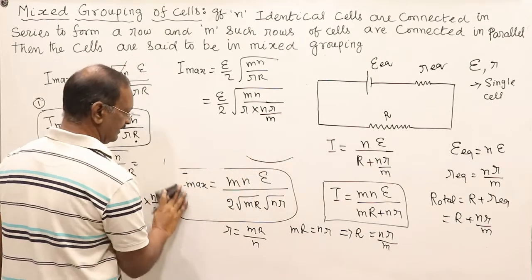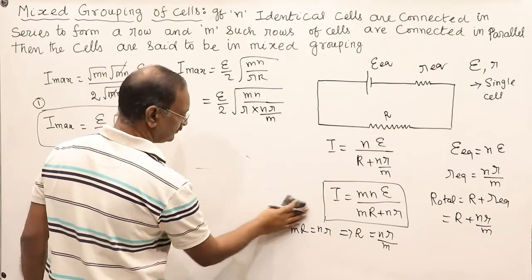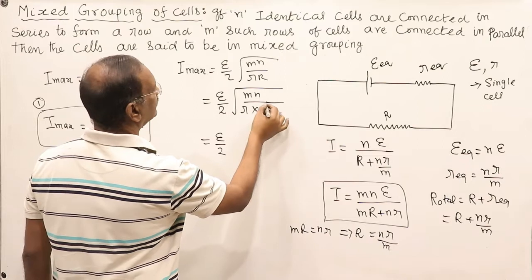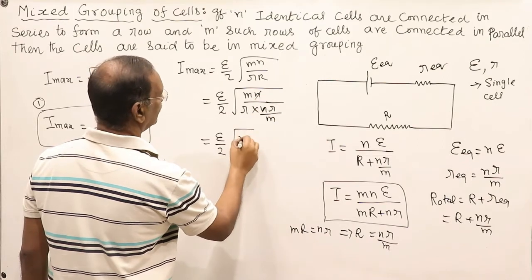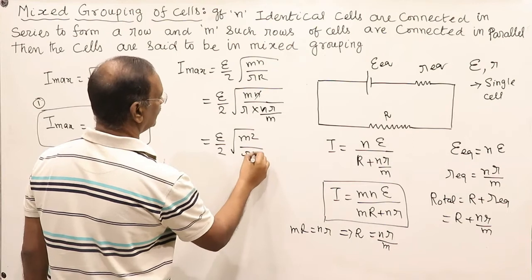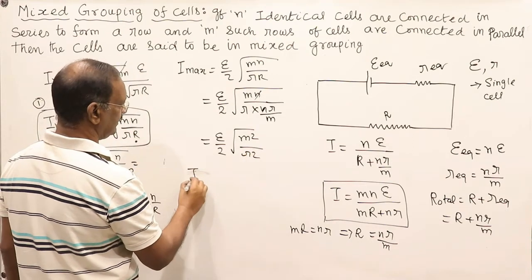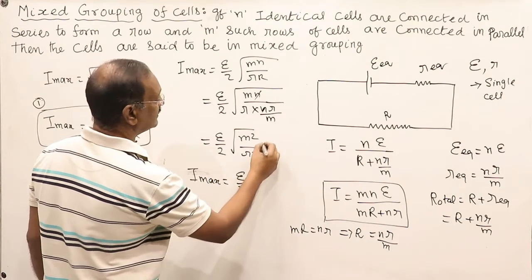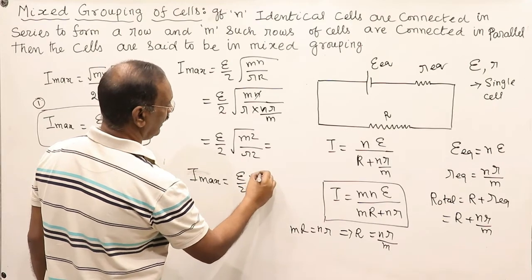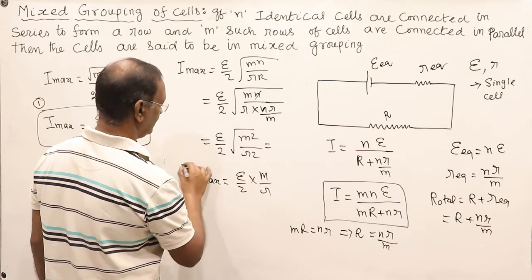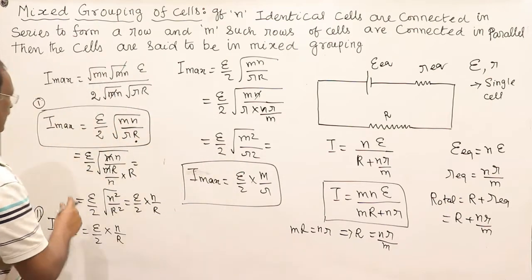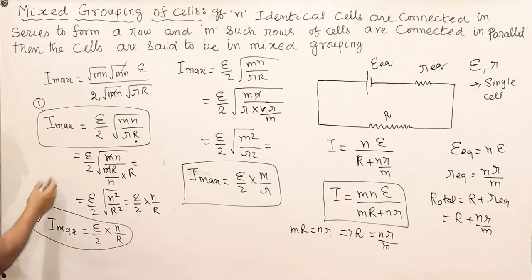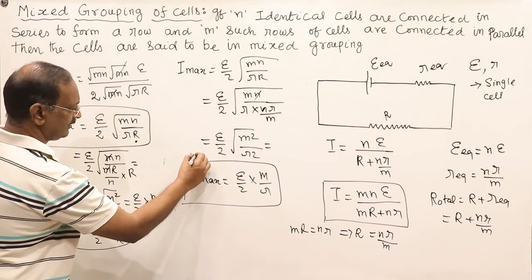So now this will become epsilon by 2 into, this and this get cancelled, under root m square by r square. So I max can also be written as epsilon by 2 into m by r. This is also another expression. This is I max: this is the first expression, this is the second expression. It is only simple manipulation. This is the third expression.